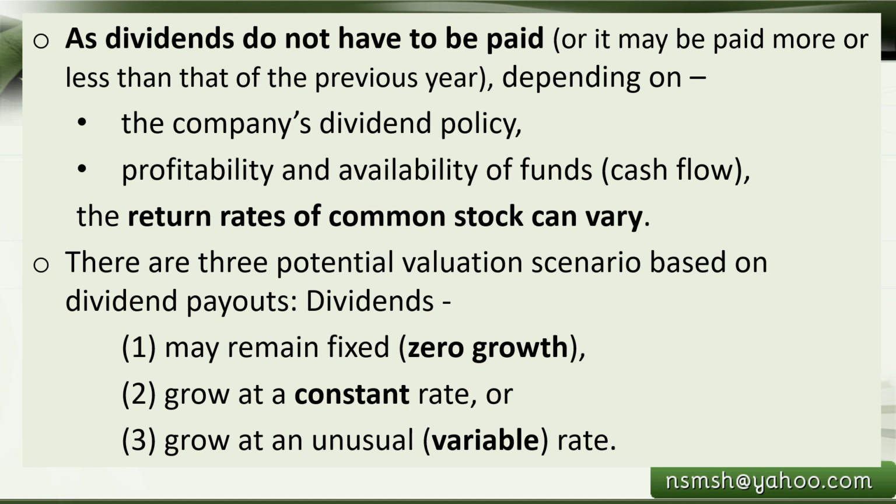Then it is called constant growth rate, or it grows at an unusual or variable rate. So those are the three scenarios for the growth of the dividend. Investors use valuation models to compare the results to existing prices to determine whether a stock is overvalued, undervalued, or properly valued. All this depends on the dividends and the amount and the growth rate.